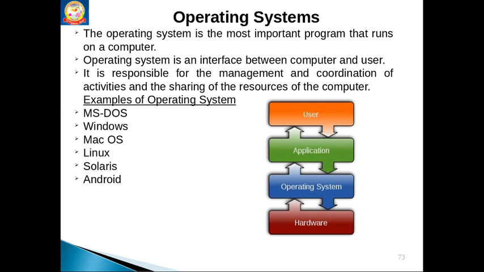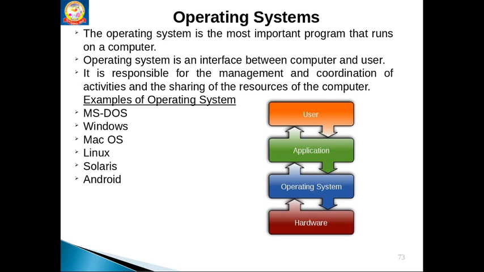Earlier we discussed the operating system. It is an interface between user and computer. Without an operating system, we cannot do anything with the system; it makes the system ready to use. It is also responsible for management and coordination of various activities done in the computer, and it also shares the resources of the computer.